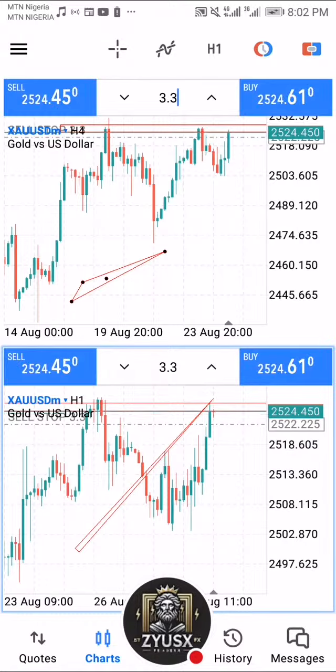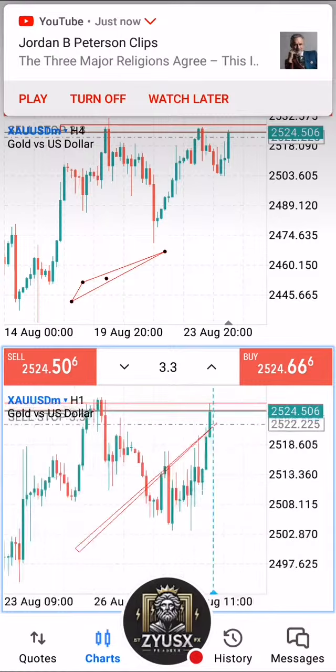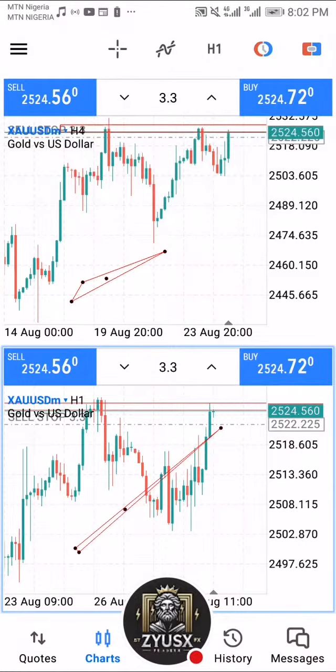If you take trades like this, there's no way you're not going to be profitable in Forex. Take trades like this using a sell stop. I've taken hundreds of trades using the sell stop, so I'm speaking to you out of experience.